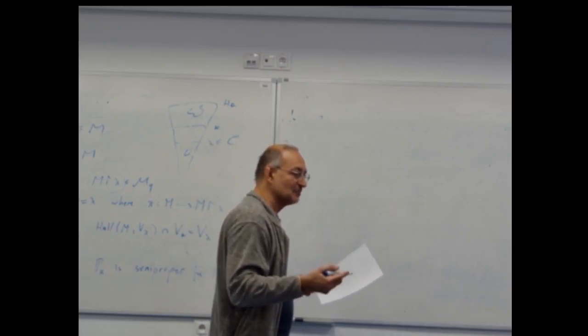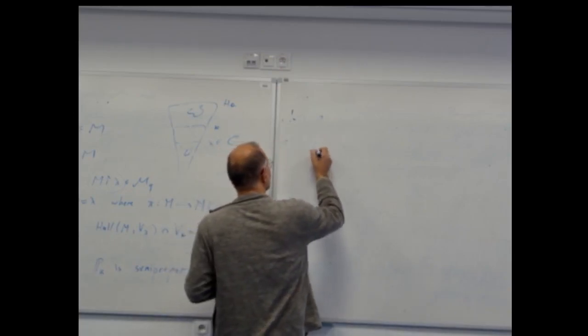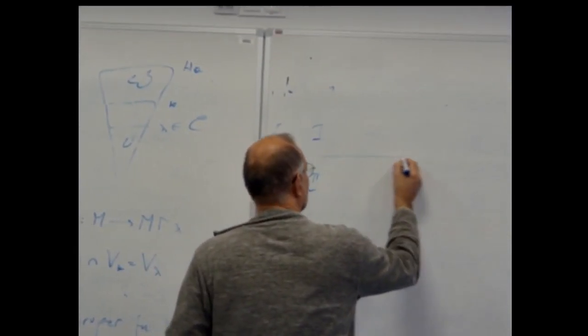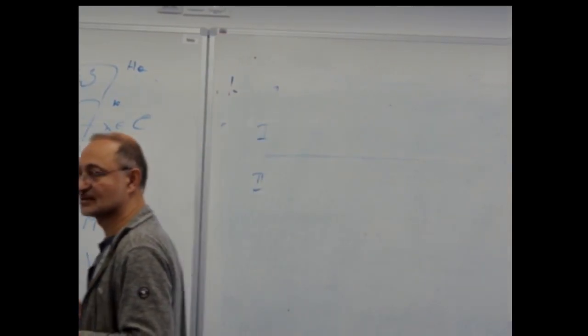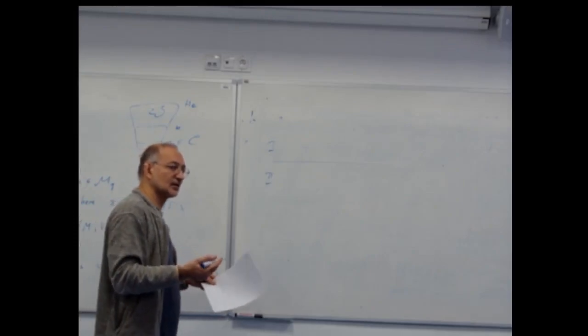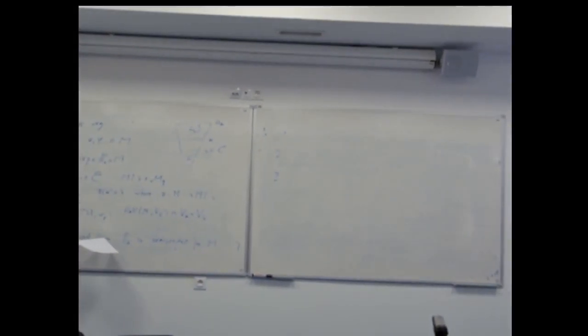And that means I can win a certain game. In this game, player 1 asks questions, and player 2 plays answers. So the fact that it is good means that if you give me, sorry, what does it mean that this is semi-proper?